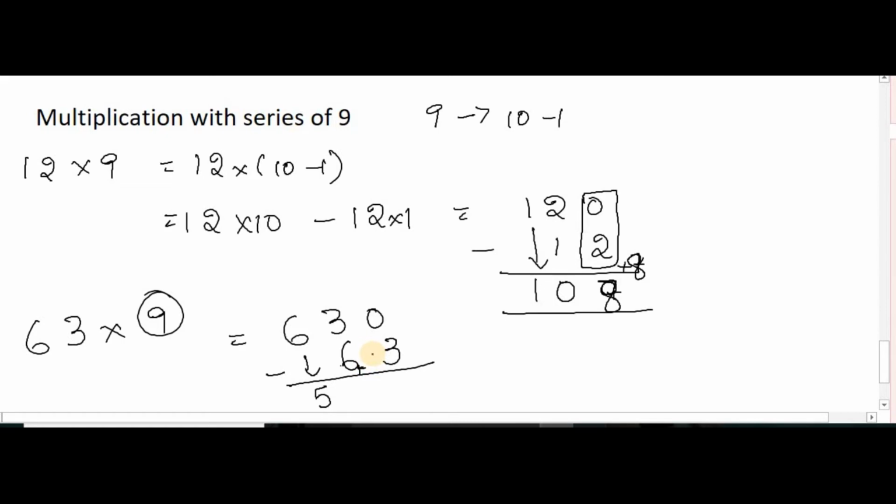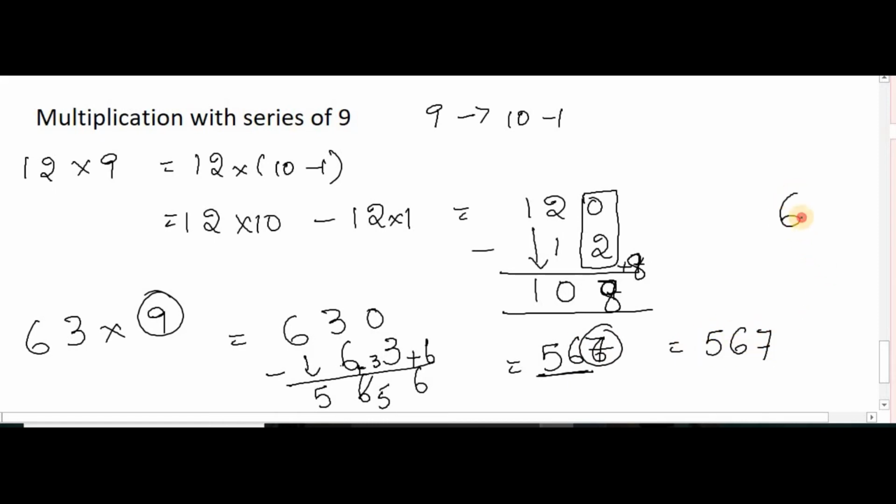For 6 the complement is 3, 3 plus 3 is 6, and this is also a mismatch combination, so we write the before number. For 3 the complement is 6, so we write 6 here. So the answer is 566, but actually 567, so just change the number over here, 567.